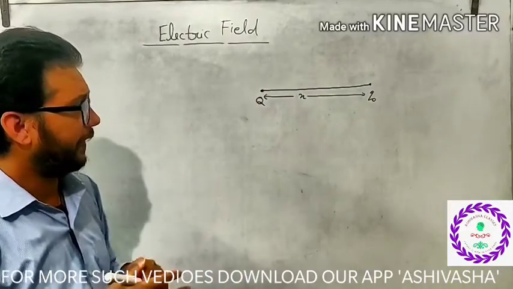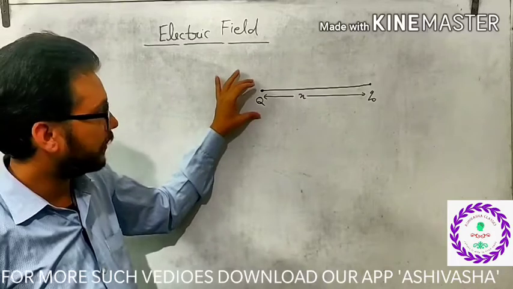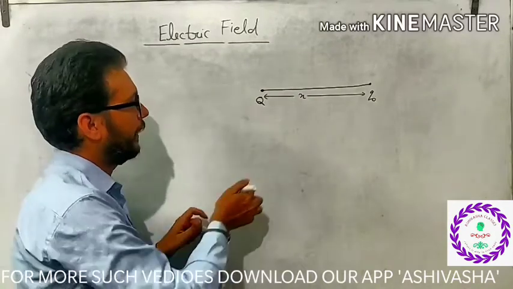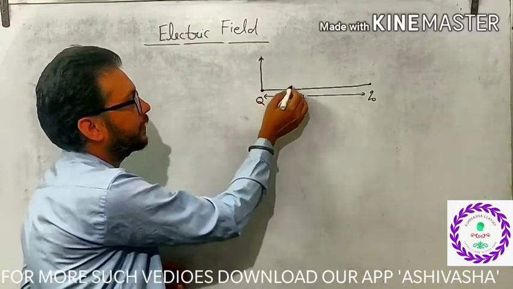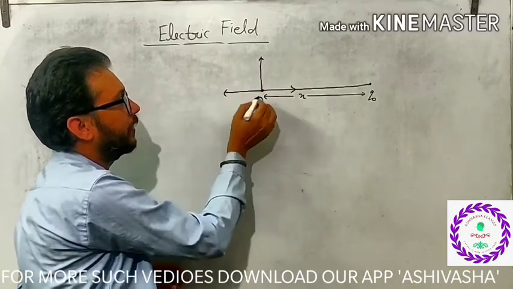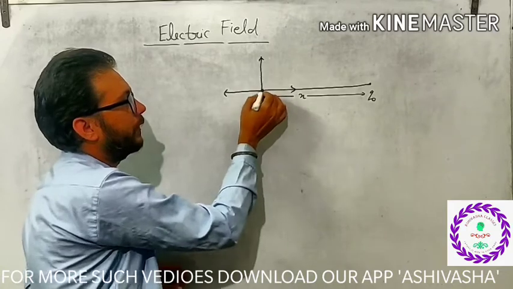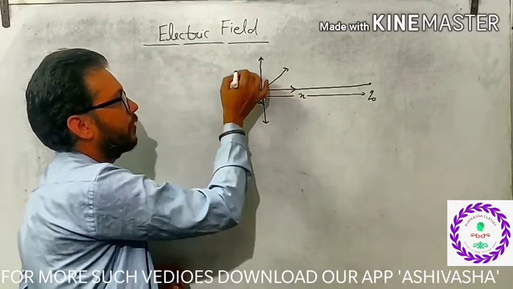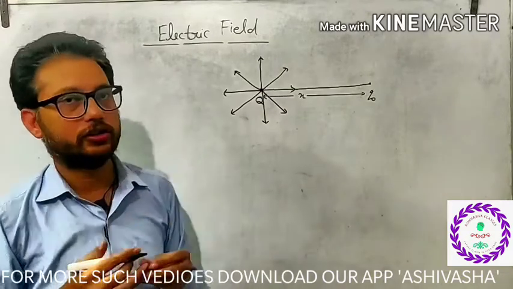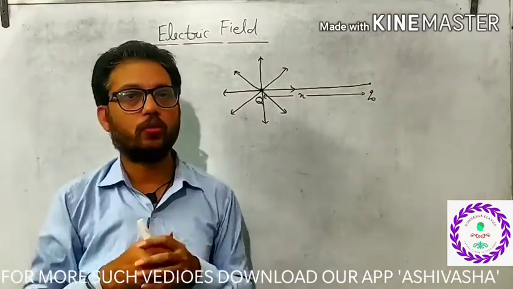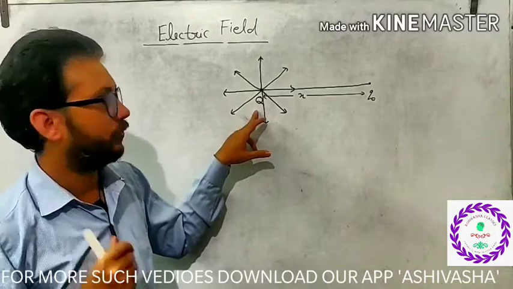As we talk about the positive charge, we know that the positive charge radiates an electric field radially outward, like this. An electric field of a positive charge radiates radially outward.